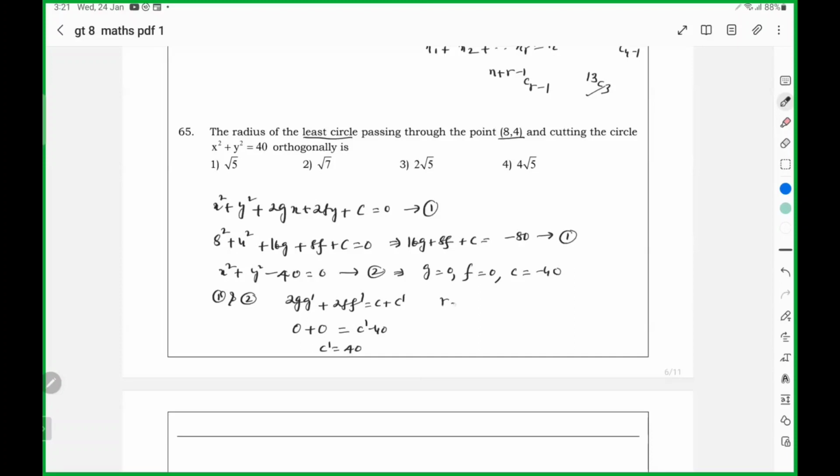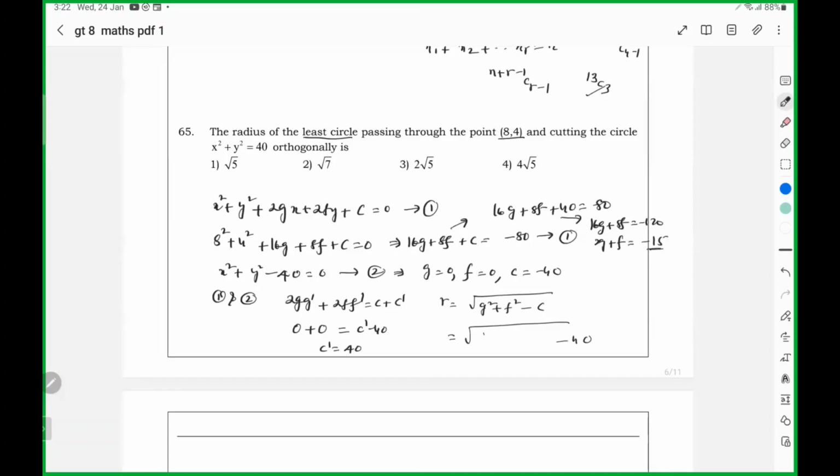Now, what has to be minimized? The radius has to be minimized. So here I should make it a function of a single variable. When C is 40, 16G plus 8F plus 40 is minus 80, 8F is minus 120. 2G plus F is 15, right?